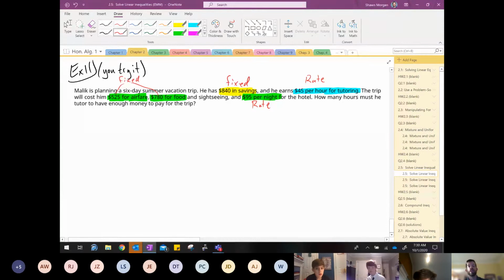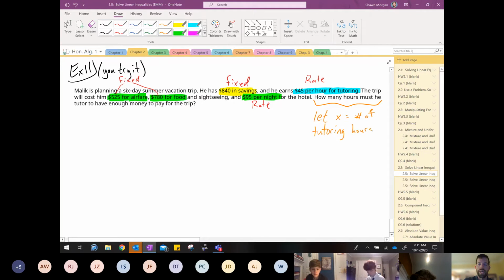Another way of saying fixed, by the way, is saying constant. So something that is a variable rate, something that is going to change, depends upon the parameters that you set. Like I might say, if this question is asking how many hours must he tutor, I'm gonna say let X equal the number of tutoring hours.